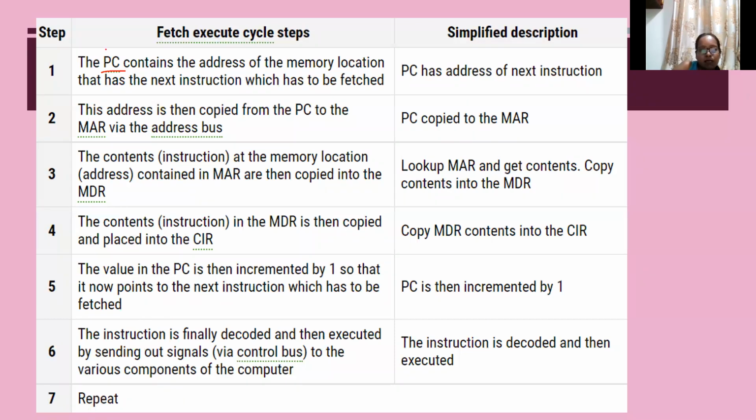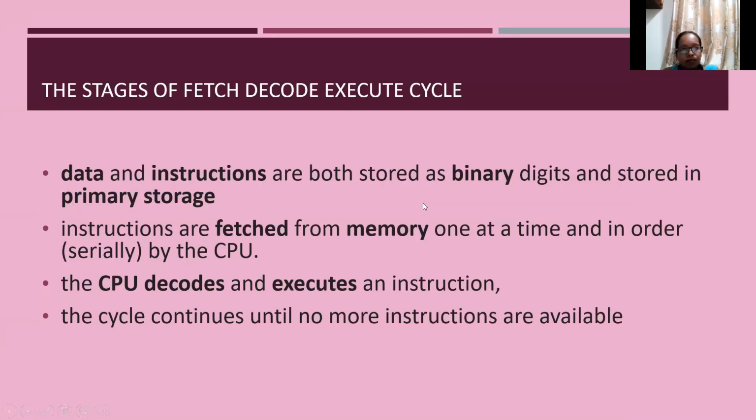PC contains the next instruction to be executed. Then it will pass to the MAR, from there to the MDR, then to the CIR, and so on. No need to memorize this, just read and understand.